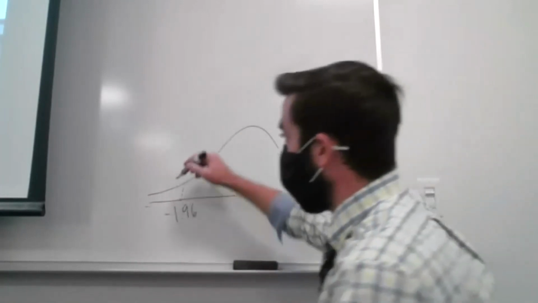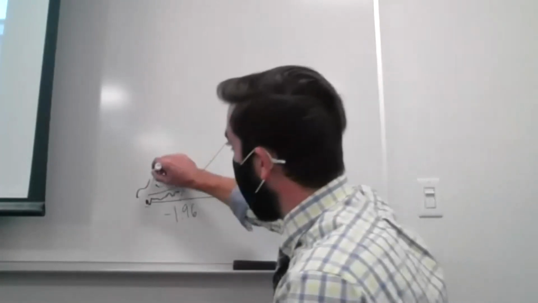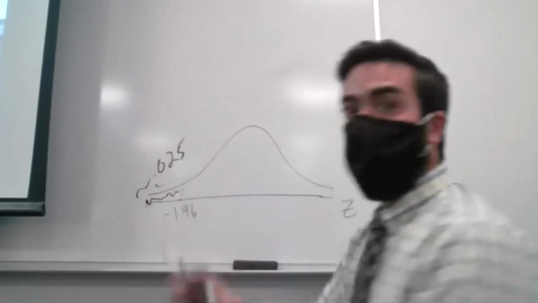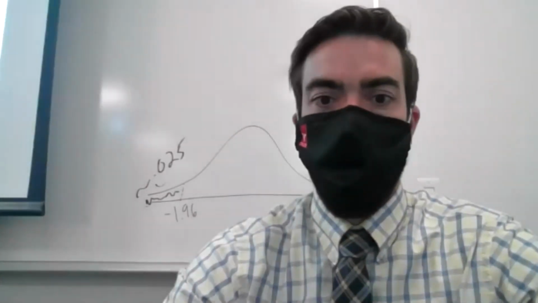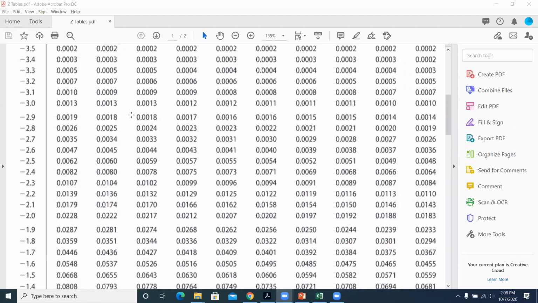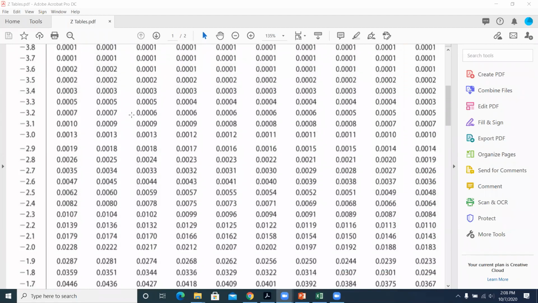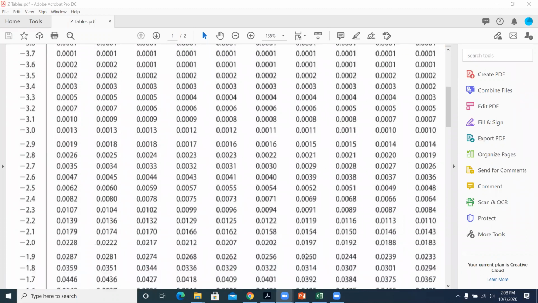I can look that z-score up and find the area in this lower left tail, okay? If I do that, I'll find 0.025, right? So let's say I go here, I look up negative 1.96, so negative 1.9 is here, 0.06, so negative 1.96. The area to the left of that is 0.025.